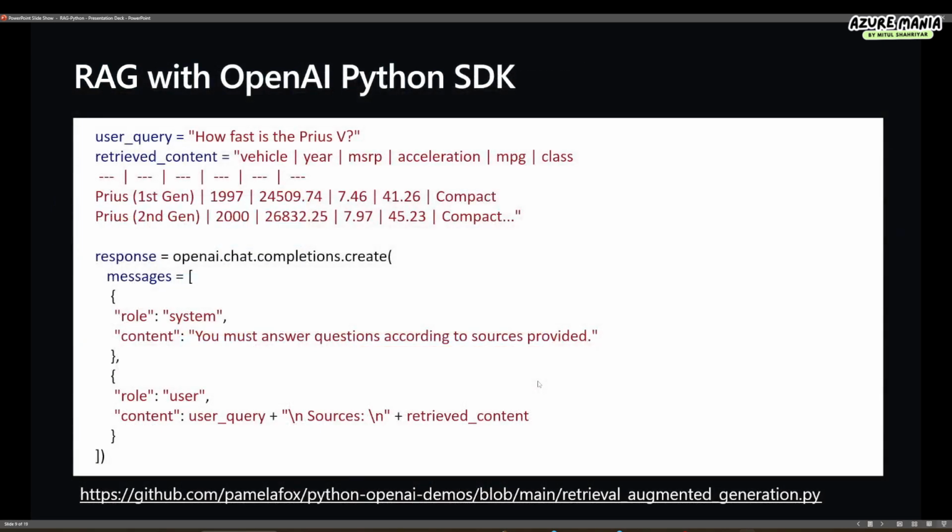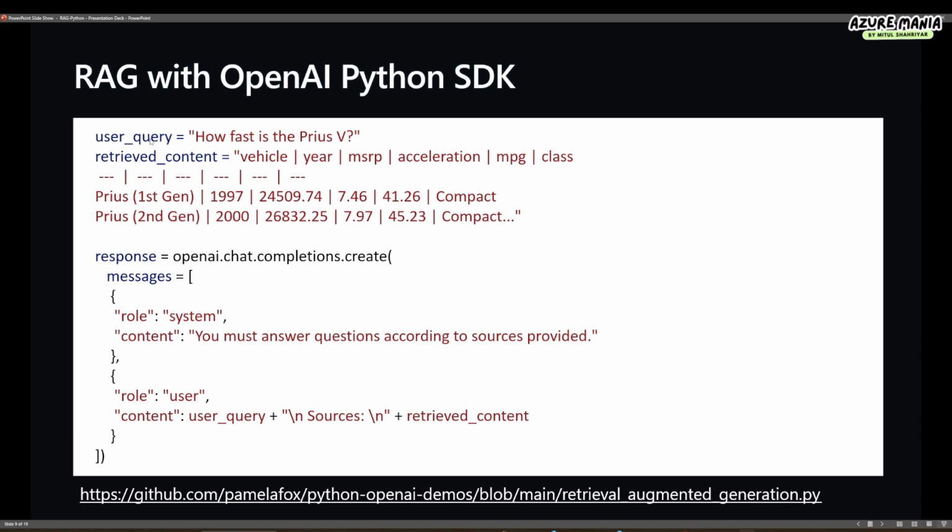Now RAG, you can call it with the OpenAI Python SDK. So how it works: previously we have seen response, message, role system, role user, these are the things. This is a bit different.